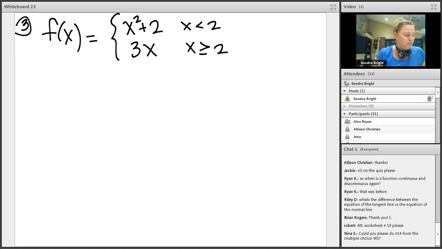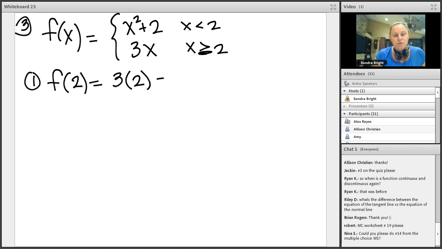Okay, so for continuity, you need, first of all, that f of 2 is defined. Remember the or equal to, so f of 2 is going to equal 3 times 2, which is 6. So f of 2 is 6 here, and so it is defined. Check. It satisfies part 1 of the definition.